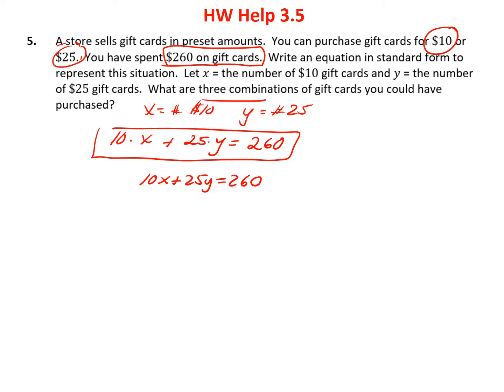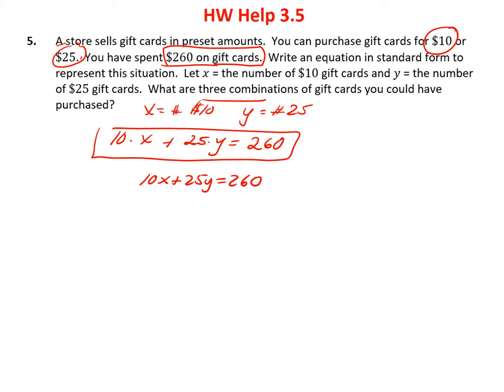The easiest way to go about this is, obviously, if I had 0 x's, 25 doesn't go into 260. It goes under 250 10 times, but it would come up $10 short.